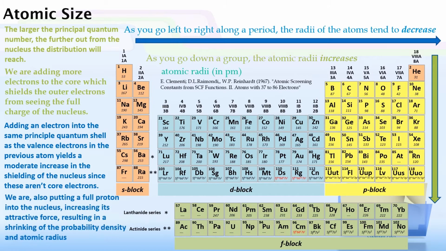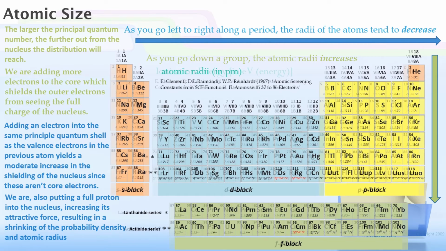Plus, at the same time as we're putting another electron into these orbits, we're also placing a full proton into the nucleus, increasing its attractive force for these outer valence electrons. The result? A shrinking of the probability density of the outer orbits, and a smaller atomic radius of the atom.